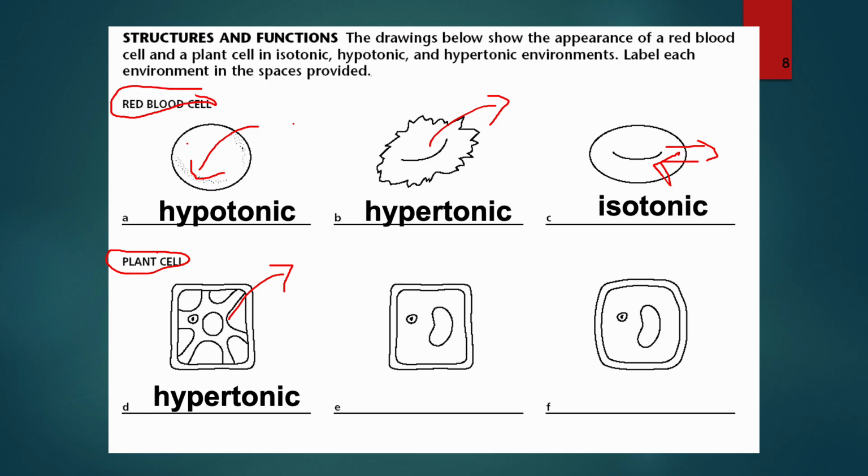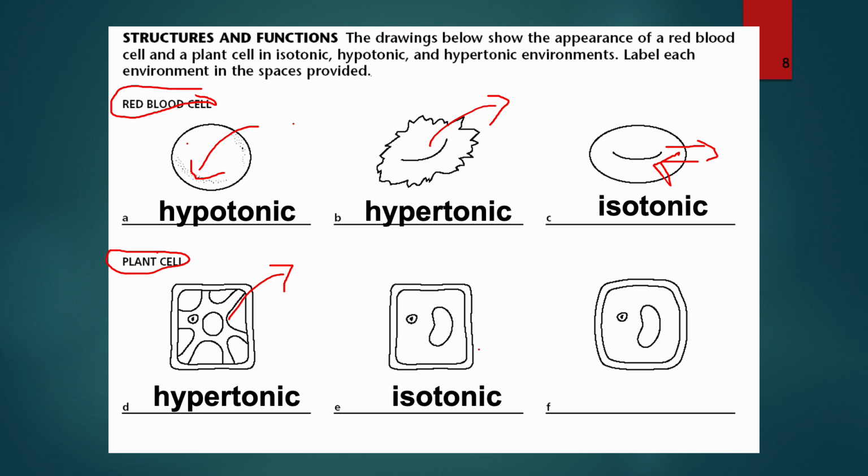On the middle one, we have that nice rectangular shape, so we know that water is going in and out at the same ratio. Therefore, we know that the cell is in an isotonic solution.